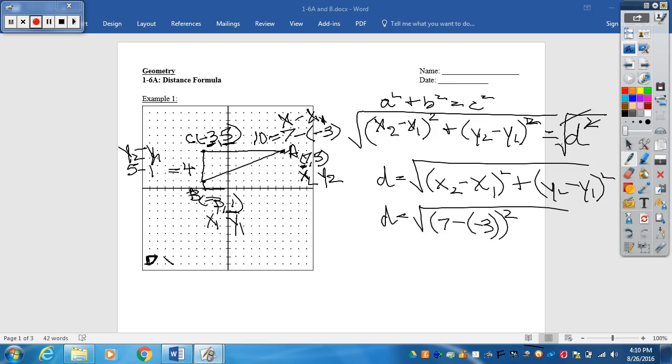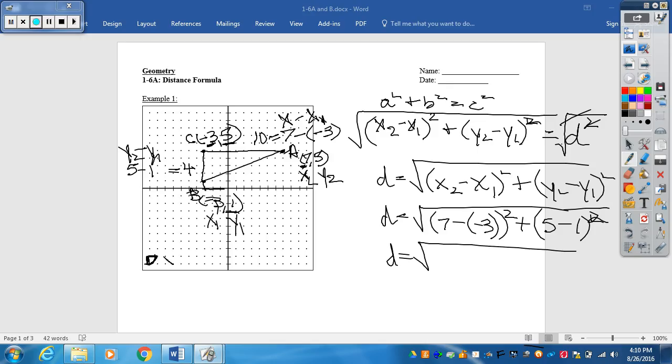Okay, well that looks familiar. 7 minus negative 3, plus y sub 2, which is 5, minus y sub 1, which was 1, squared.